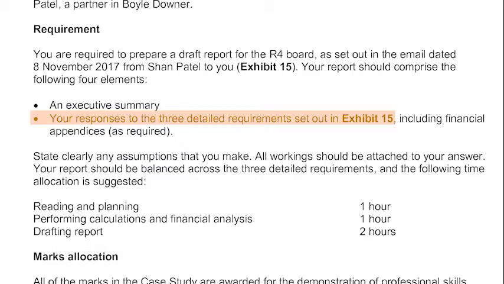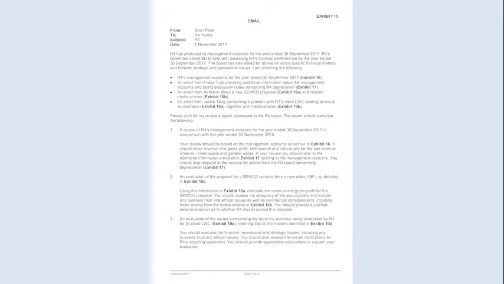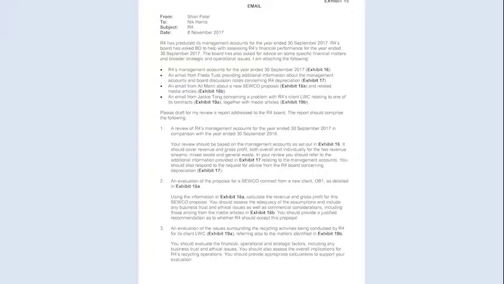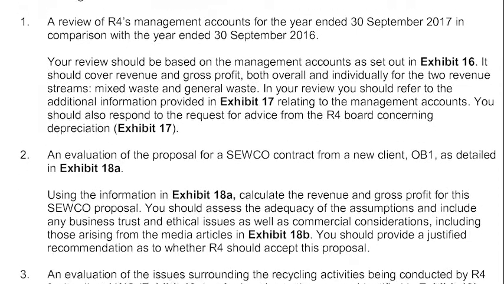Your report will comprise 3 main sections, 3 financial appendices, and an executive summary. In general terms, the main sections cover: 1. Financial statement analysis, which is the review of the latest financial results or possibly a budget. 2.